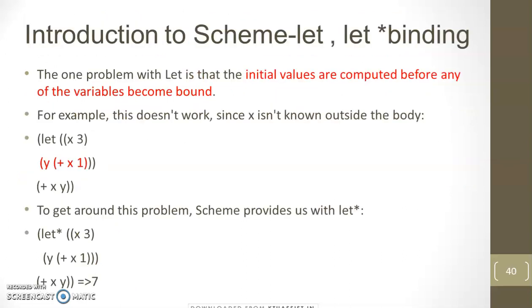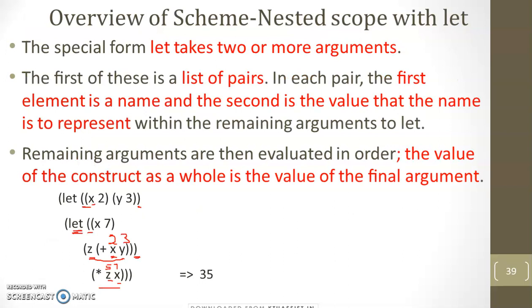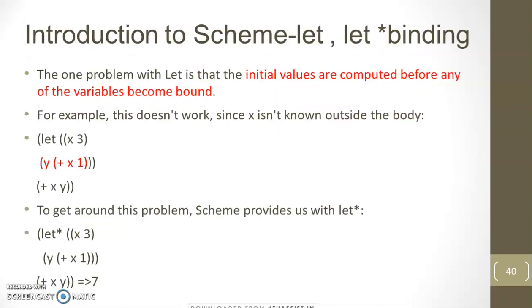Here z is equal to x plus y. In this case, instead of taking the value 2, if you need to take the value of x as 7, then instead of let you need to make use of the let star construct.